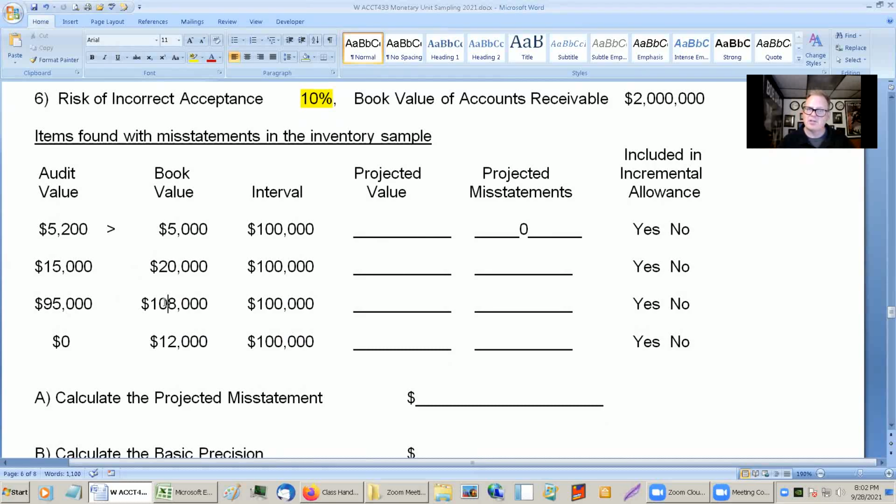The third one here, this is the one that's going to trip up people. If you get tripped up, this is where it's probably going to be. What do we do with this third one? And this goes back to problem number 4. Yeah, the book value is greater than the interval.